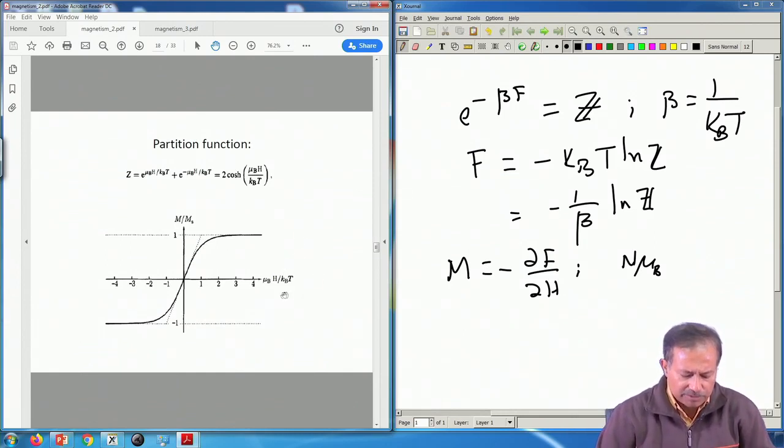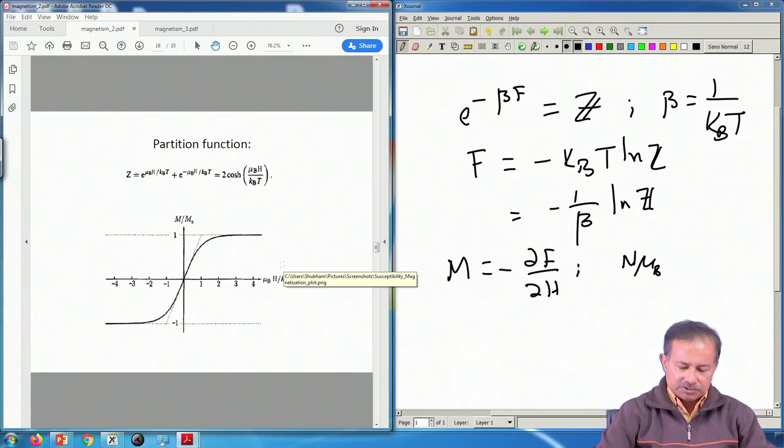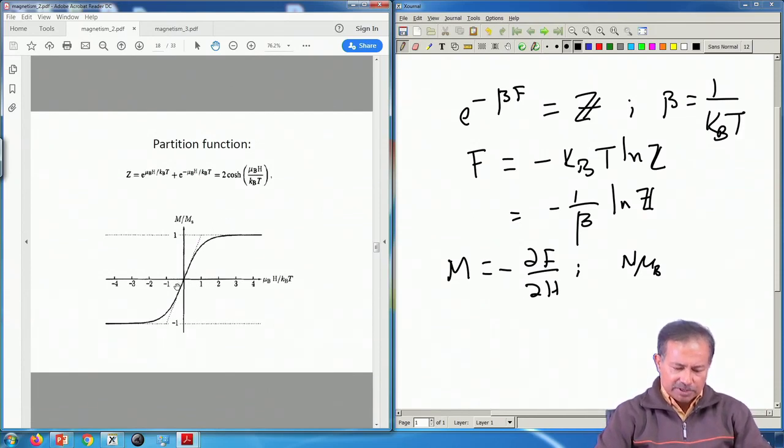For high temperatures, if k_B T is much greater than mu_B H, which is normally the situation, then you can approximate this by just a linear term. That is the dotted line drawn here, which becomes nearly exact as you approach 0 on the x axis.